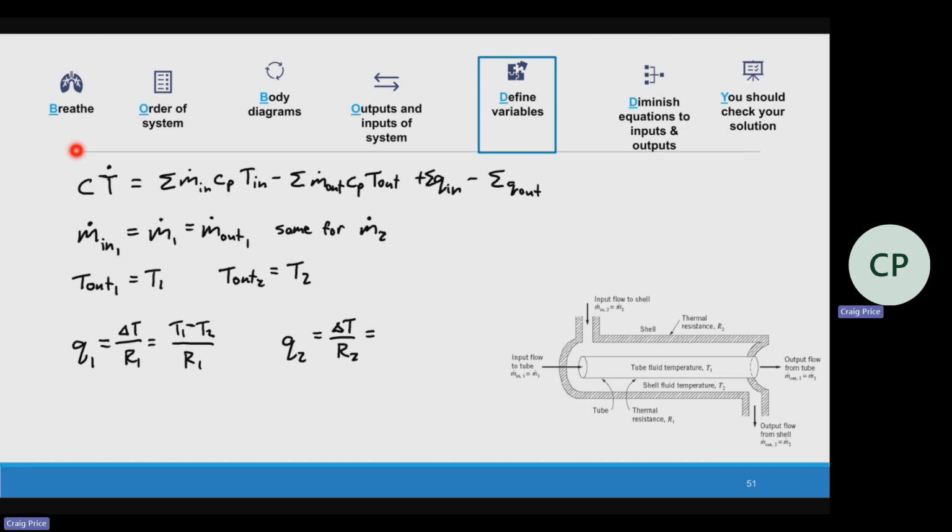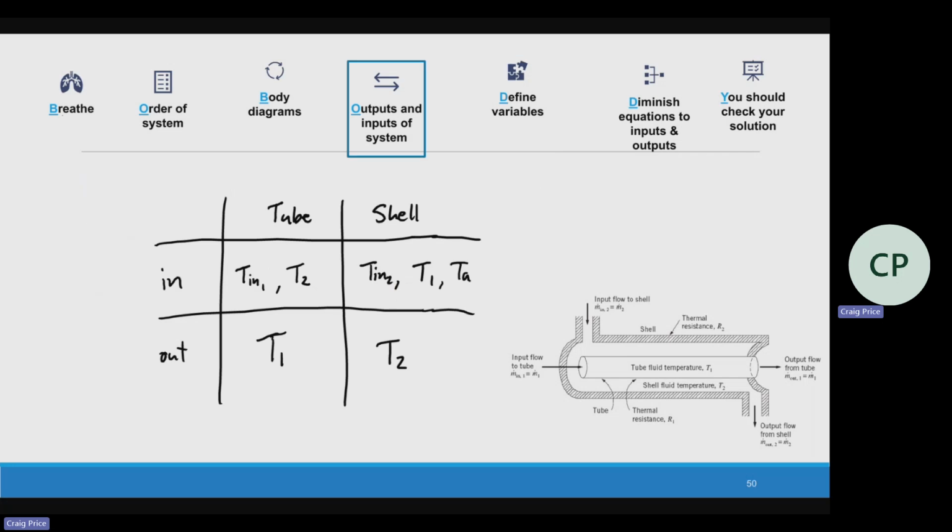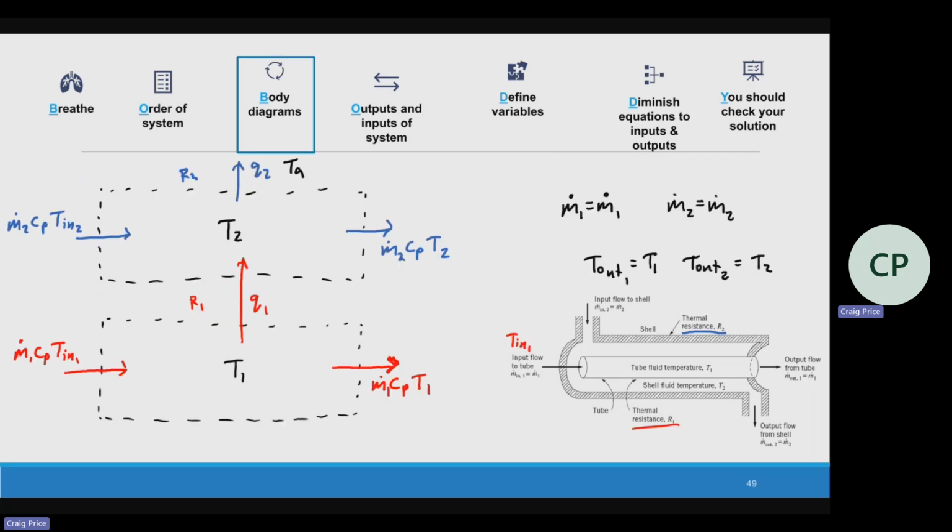And again, this is similar even to hydraulics, right? I have a resistance between the two. I have a flow across the resistor. It is going from high to low. So that's my delta T. I'm always going high minus low across the resistor.